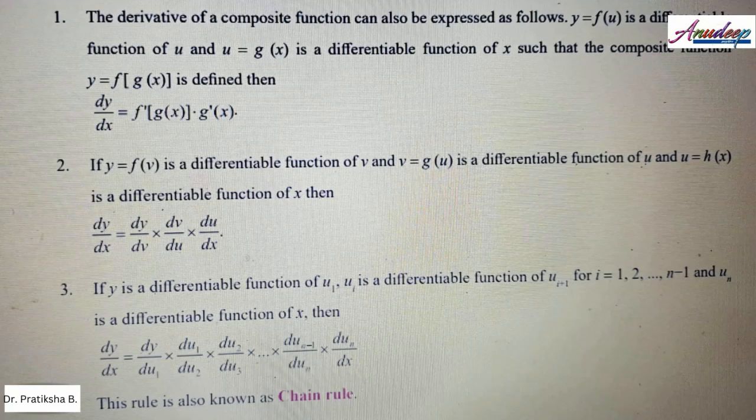When you are taking the derivative of the composite function, you apply the standard rules for differentiation first, and again as f is a function of g of x, you need to differentiate g of x with respect to x. So in the second point you can say dy by dx is equal to dy by dv into dv by du into du by dx. This rule helps us to solve the problems on the composite function.